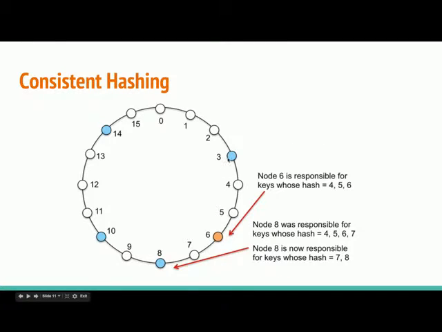If someone asks 3 who has 11, 3 doesn't know. 3 will ask 6, ask 8, ask 10, and ask 14 who has 11, and 14 will reply, I have 11, here it is. So that's on the order of the number of servers.